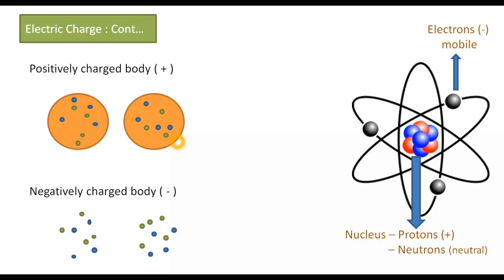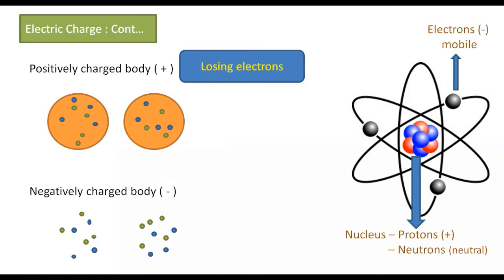It means it has more positively charged particles, so this becomes a positively charged body. Green ones are electrons. When it loses its one electron, it becomes positively charged, by losing its electron.